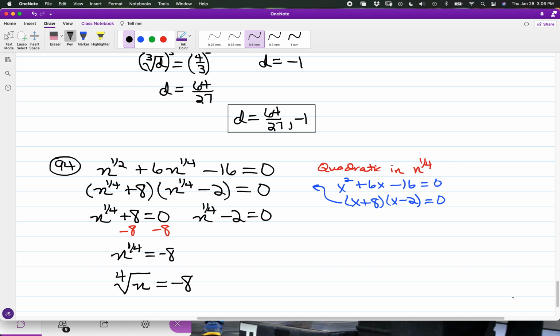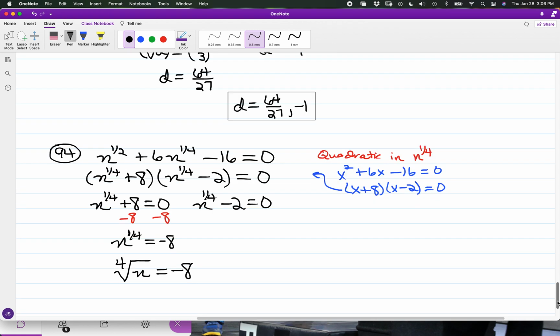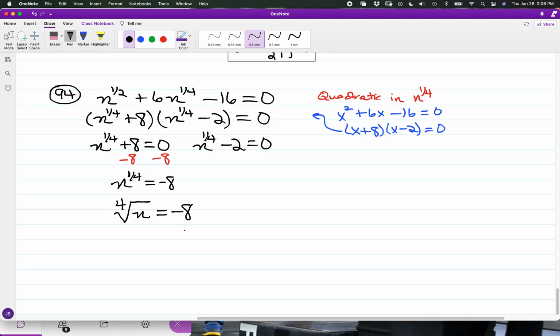Notice we are back to an even root radical. Since I'm dealing with an even root radical, the principal square root rule kicks in, where the even root of an expression cannot reduce to a negative constant. So for this portion, there's going to be no solution.